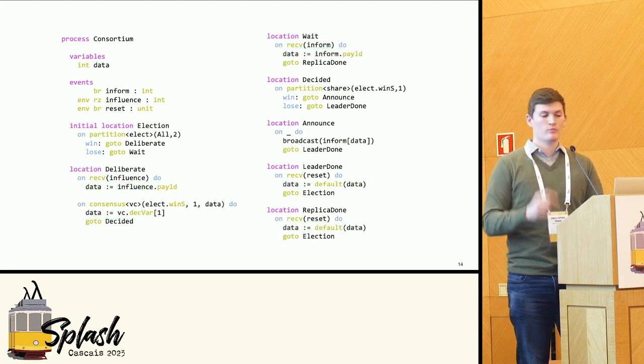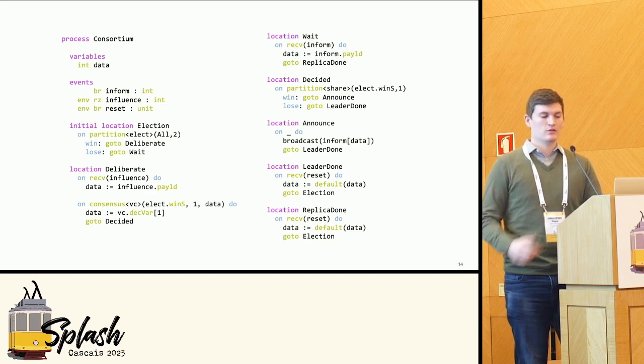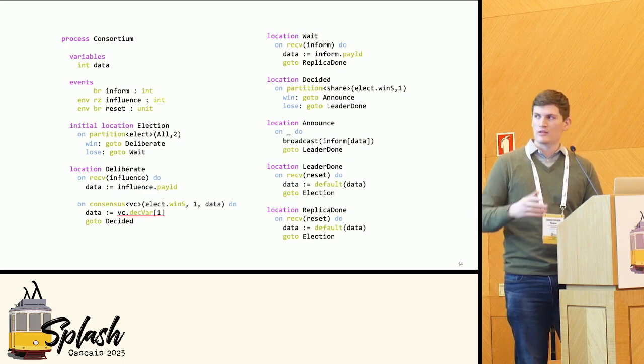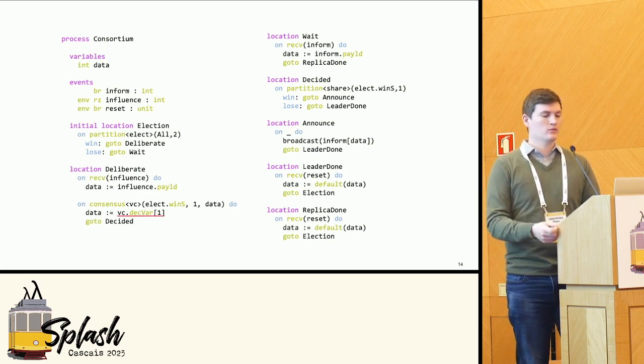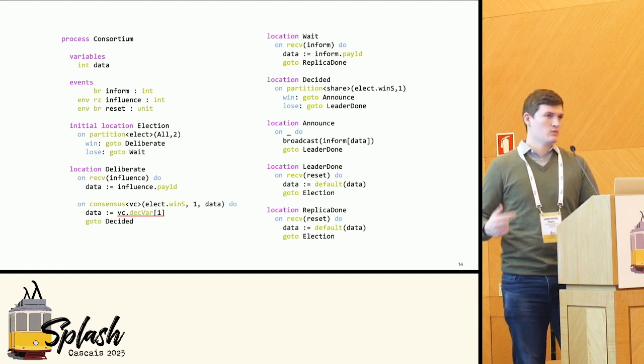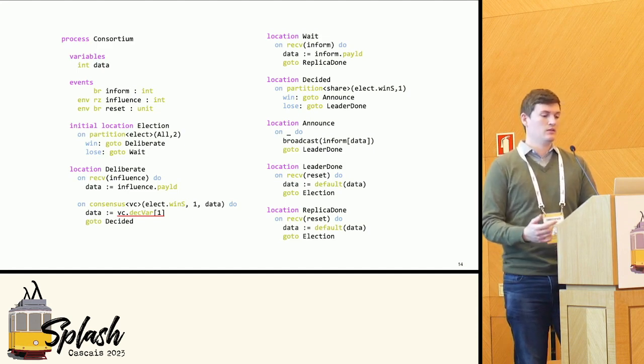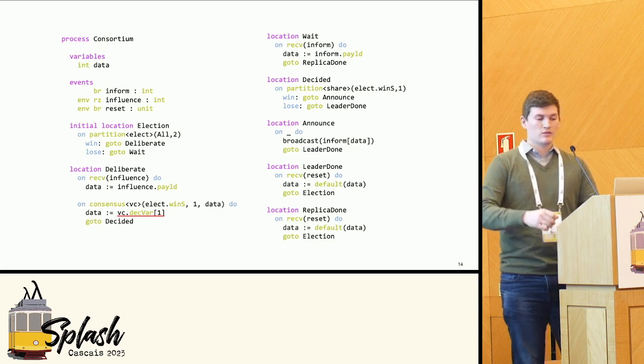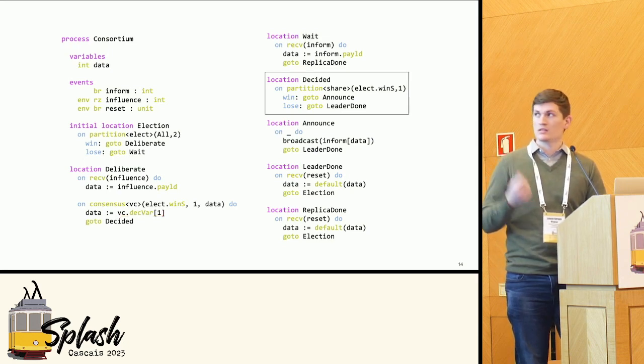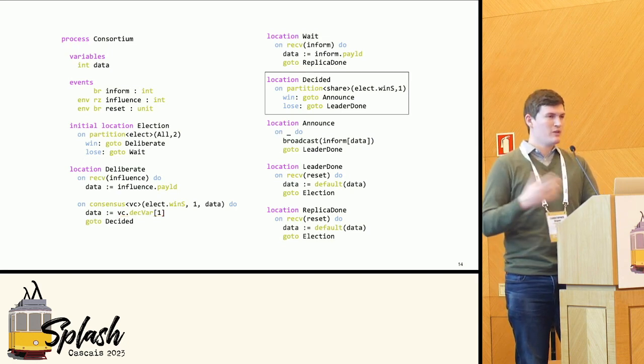Now, another important thing to notice about the system is that when consensus takes place, the result of consensus, here denoted by this decision variable expression, is consistent among all the processes that participate in consensus. So when those processes carry that value to the decided location, there can only be a finite number of distinct values among all the processes that are there.